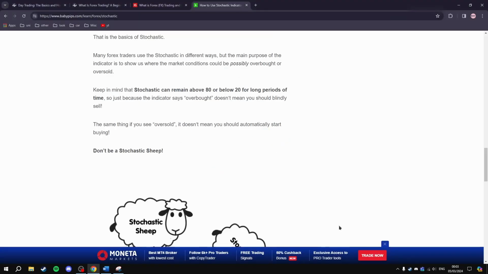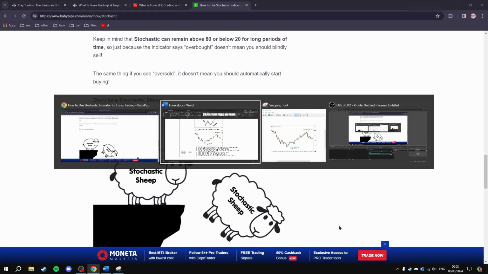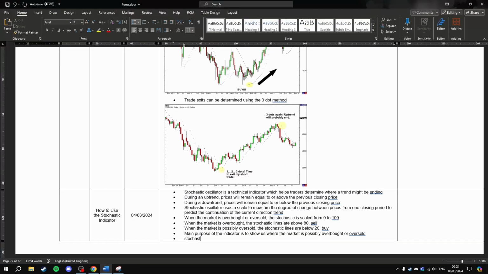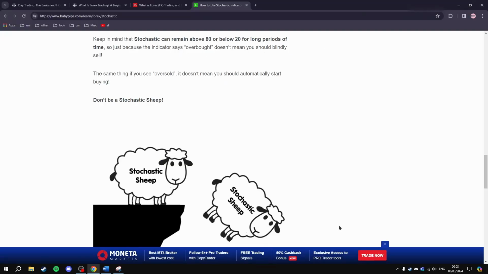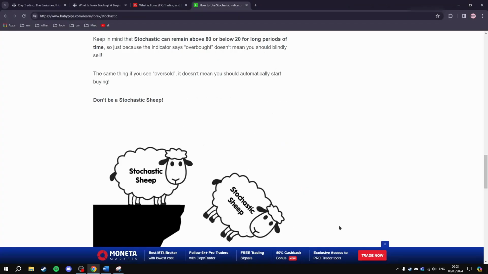Keep in mind that stochastics can remain above 80 or below 20 for long periods of time.